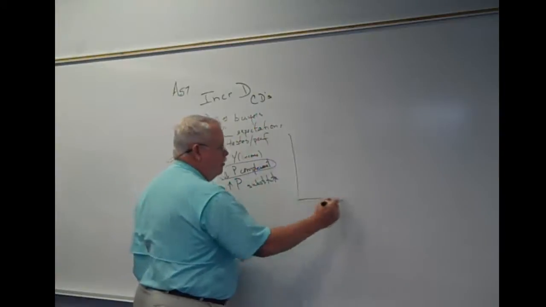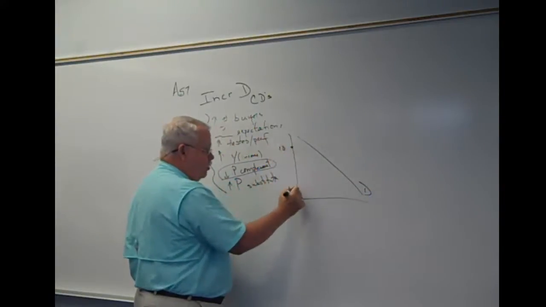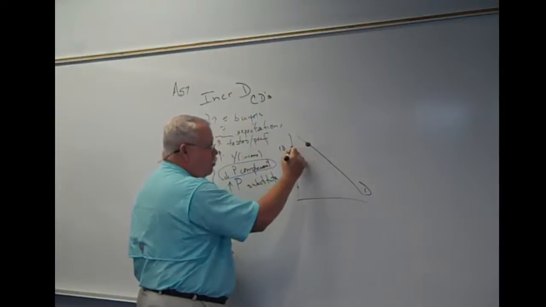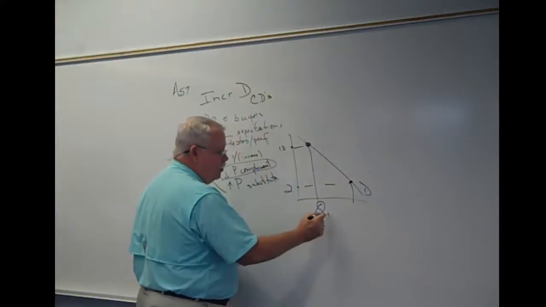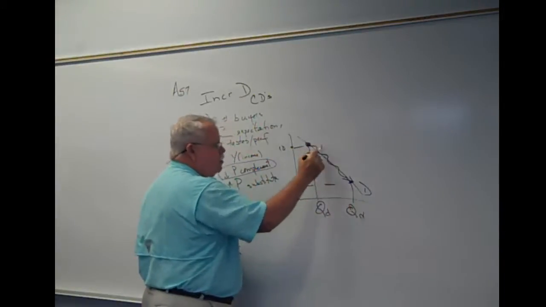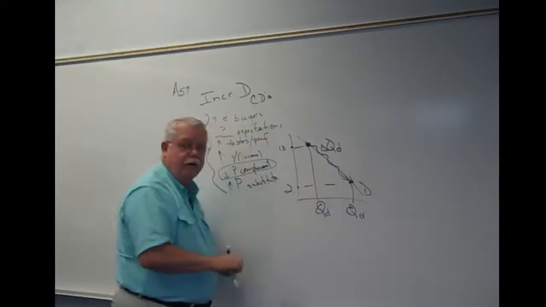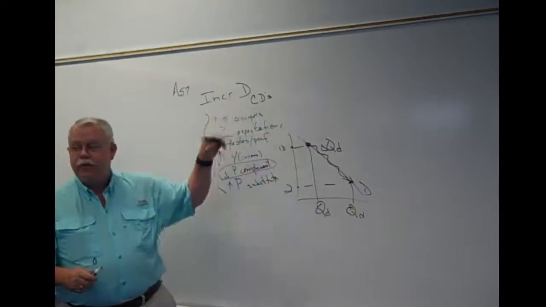Remember, here's the demand curve. If the price goes from $10 a piece to $2 a piece, we go from this point on the curve to this point on the curve. That's an increase in the quantity demanded. Movement along the curve is a change in quantity demanded. So we know that that's not right. Price doesn't shift the demand curve.